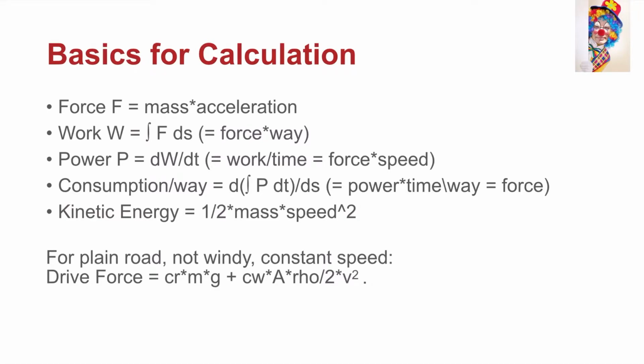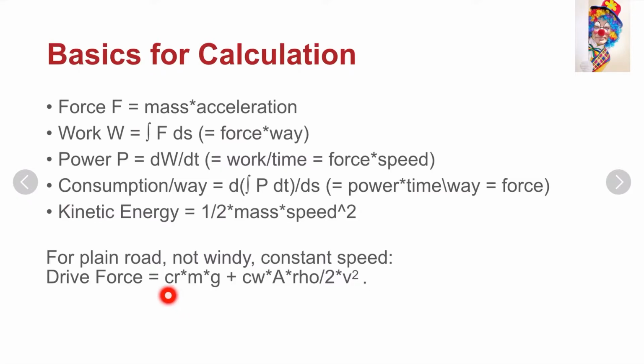And what you can see here, we have two terms here. The first term is associated with the mass and the rolling resistance. And the second term is associated with the wind resistance.